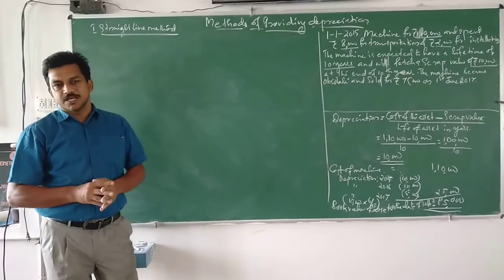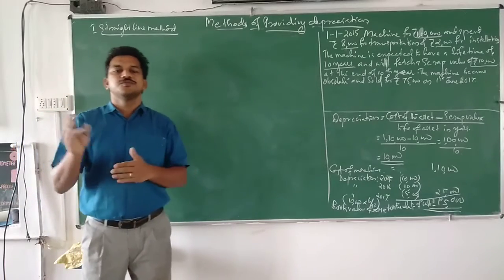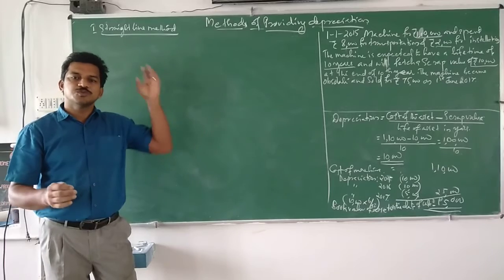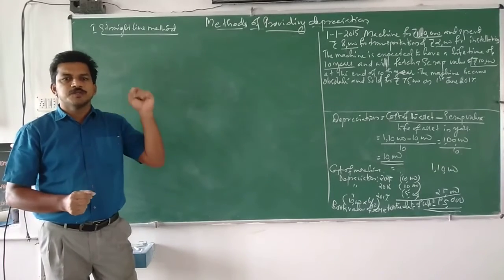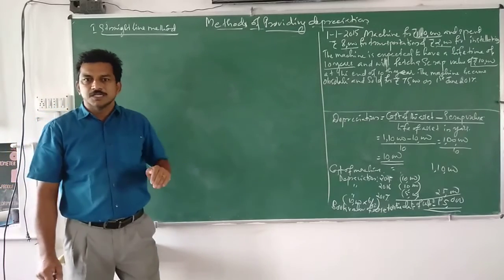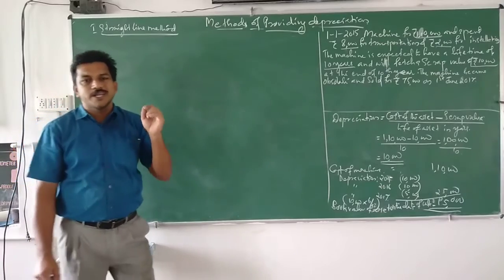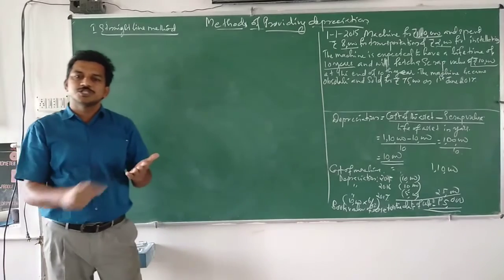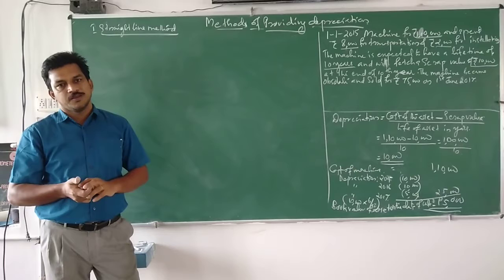The method says that every year a fixed amount of depreciation will be written off from the value of the asset. Depreciation will be the same throughout the life of the asset. A fixed amount will be written. That's why it is called the fixed installment method, or otherwise the straight line method. Why is it the straight line method? The line of providing depreciation is straight. That means every year the same amount will be written off.